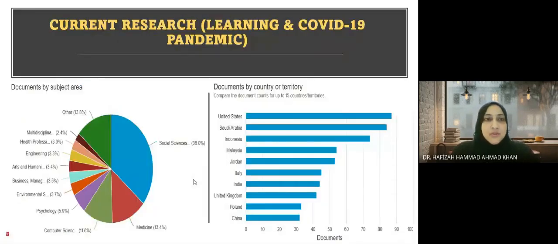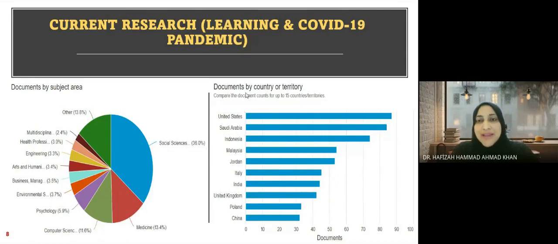Number 2, we can also look at the subject areas covered in the study. Here we can see the top 3 areas covered in research on online learning and the COVID-19 pandemic: social science at 36%, followed by medicine, and number 3 is computer science.